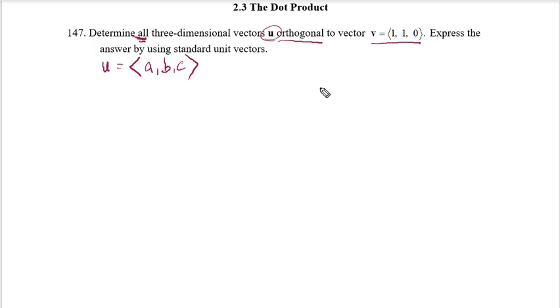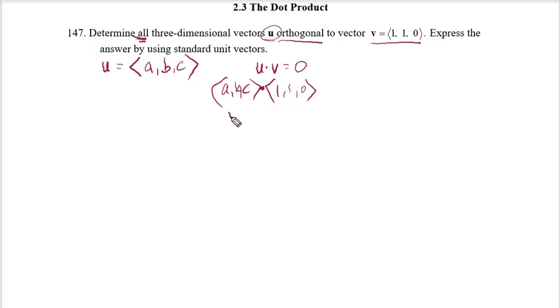Now that simply means that the dot product of those has to be a 0. So we'll take the A, B, C that we dreamed up, the 1, 1, 0 that we're given, and do their dot product.